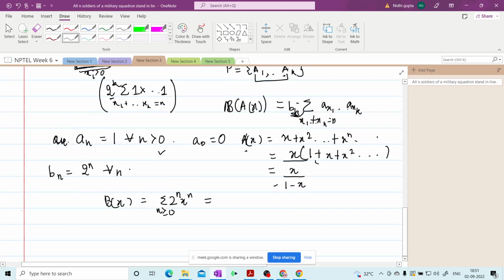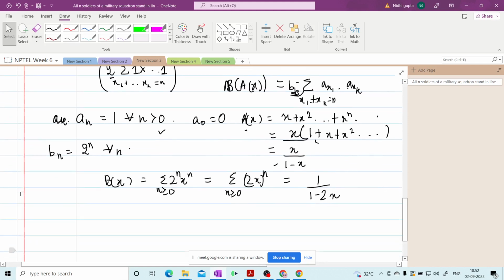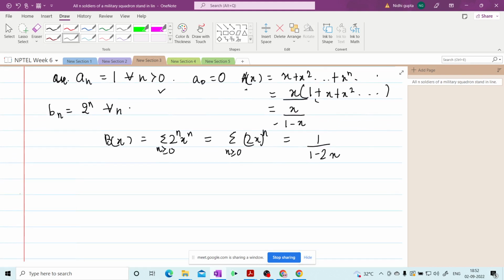This is also a GP. 2x will come instead of x. So this is 1 upon 1 minus 2x.